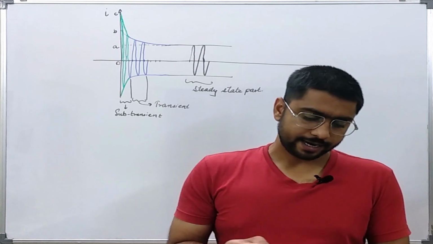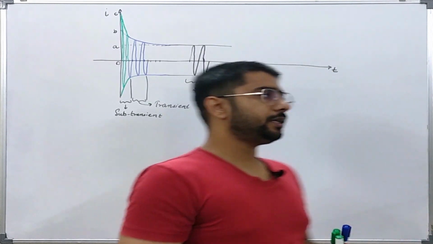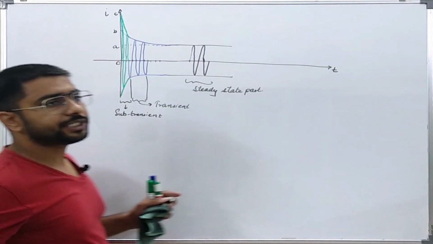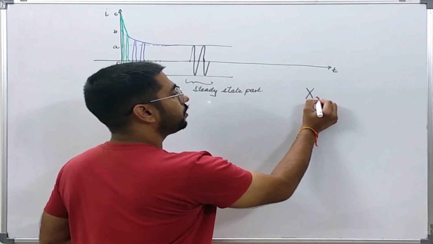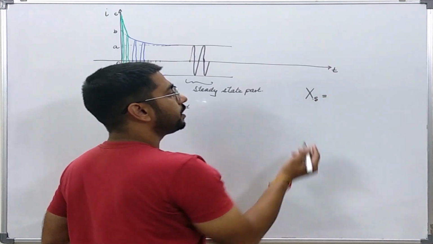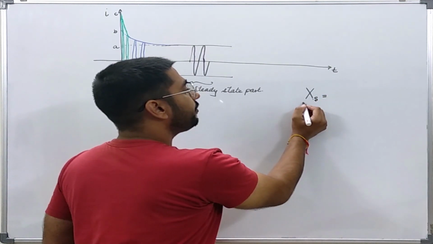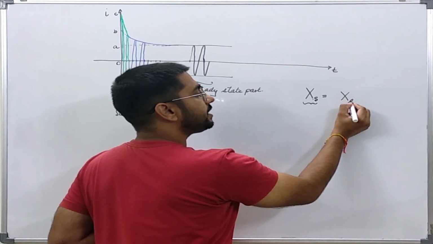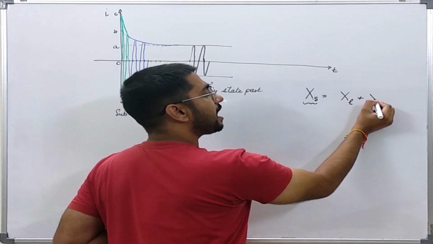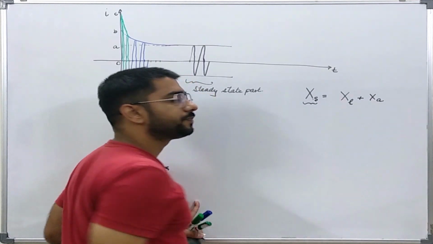As we know, during steady state, the synchronous reactance of a machine, if I am writing for a round rotor machine, is nothing but the leakage reactance and the armature reaction reactance.